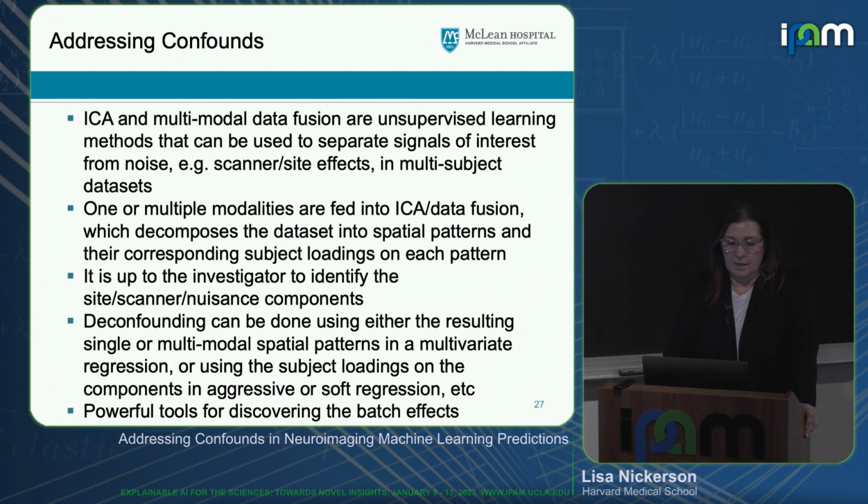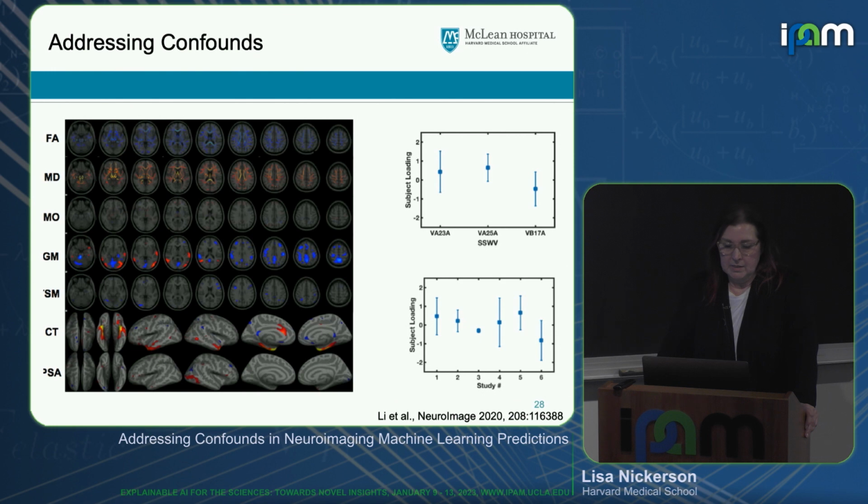And so I think ICA-based methods have a lot of potential because you can discover the problems in your data set. You don't have to make assumptions about what is contaminating your data set. You can look at it in a data-driven way. So we published this paper, with my postdoc at the time, Hwanjoo Lee, in 2020, where we did multimodal data fusion of data combined across 6 different studies.